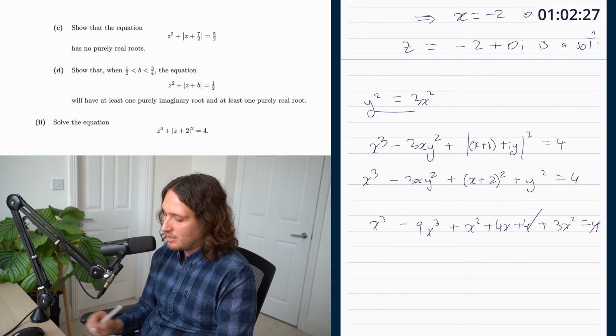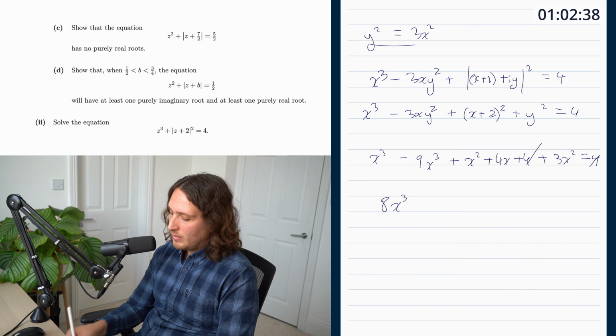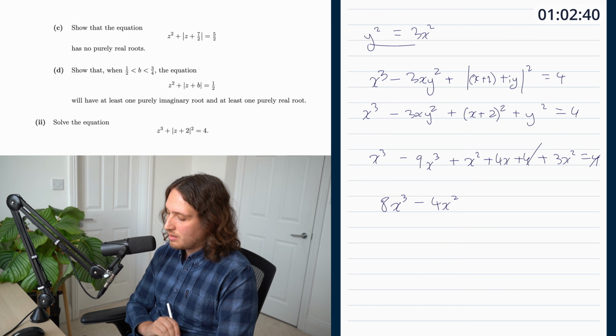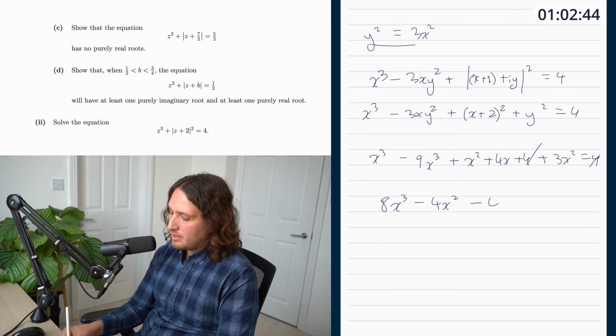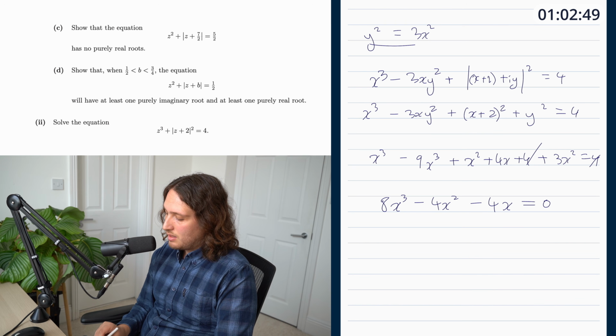Good, the 4's cancel. So if I collect everything on the right, I've got 8x cubed minus 4x squared minus 4x is 0. I think that's right. 8 minus 4 minus 4.